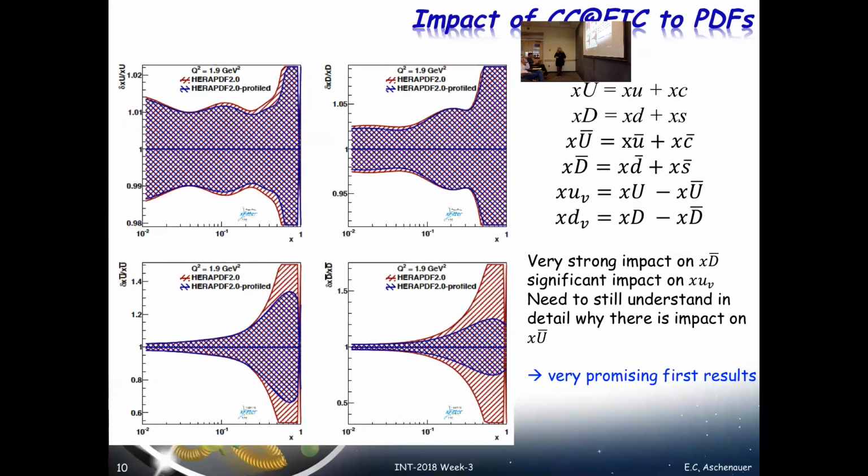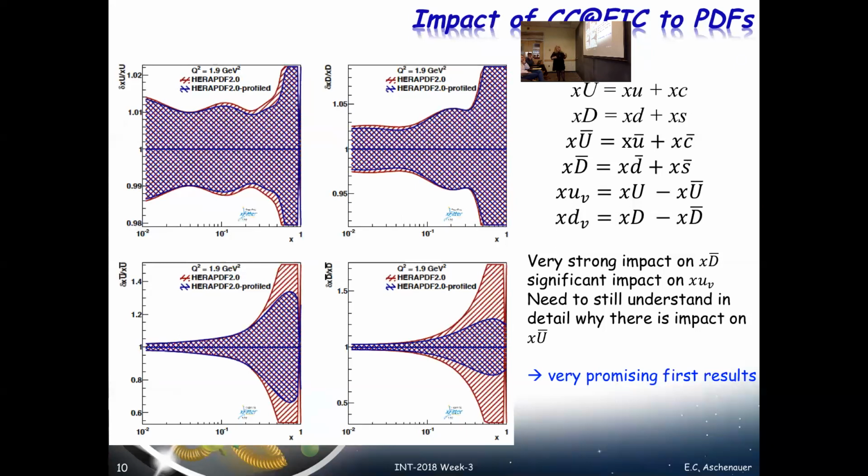xFitter uses some different parameterizations for how I would fit the PDFs, but that's okay. So they have this big U, which is u plus c, D, and then a U bar, big U bar. So it's combinations, and then your balance would be this minus that. And as expected, of course, you see an enormous impact on what is your d bar.